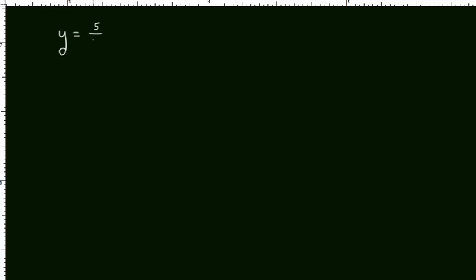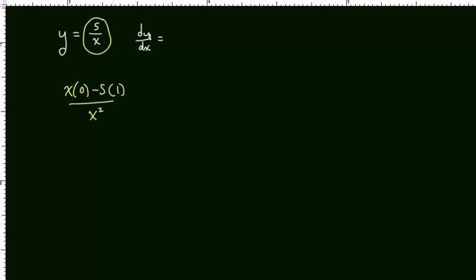5 over x. If asked to find dy dx, sometimes people will make too much work of this, and it will lead to the right answer, but for efficiency's sake, it is silly to use the quotient rule when the bottom is simply x. It works. Bottom times derivative of the top is 0 minus top times derivative of the bottom is 1 all over the bottom squared.